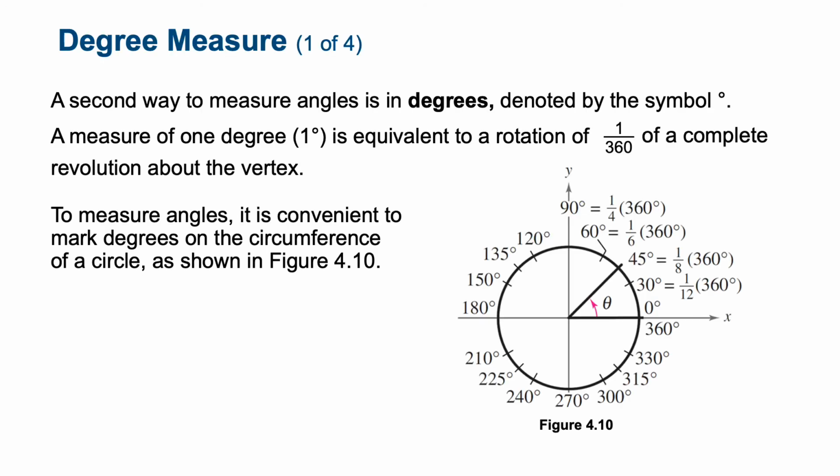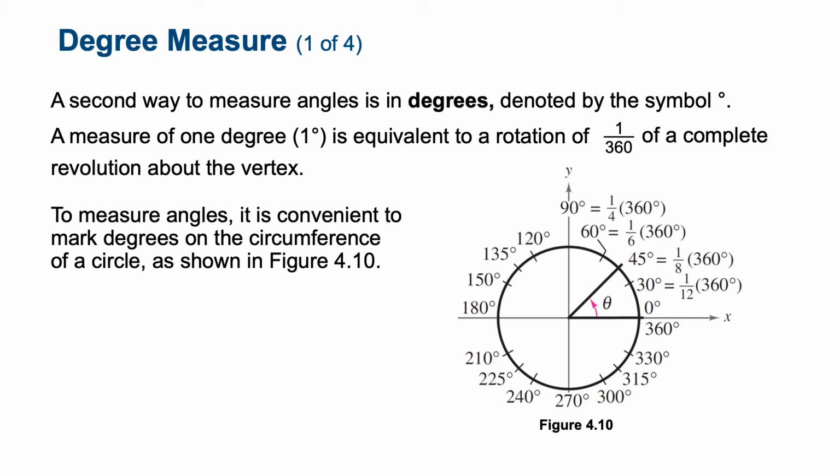The second way to measure angles is in degrees, denoted by the degree symbol, the little circle. A measure of 1 degree is equivalent to a rotation of 1/360th of a complete revolution about the vertex. What does that mean?